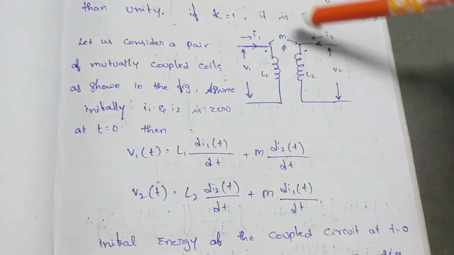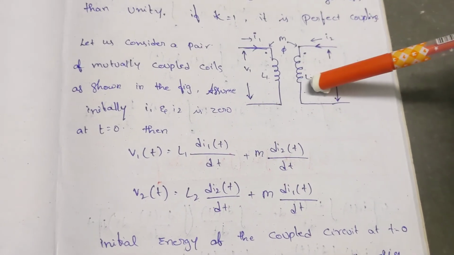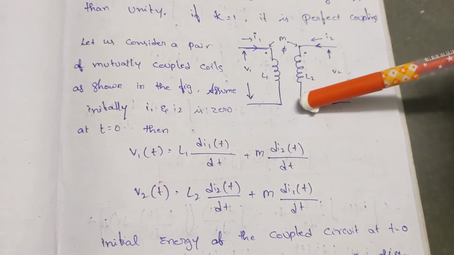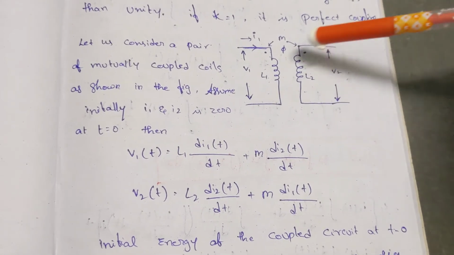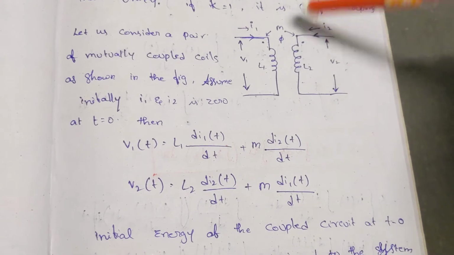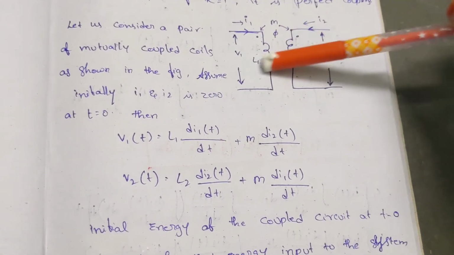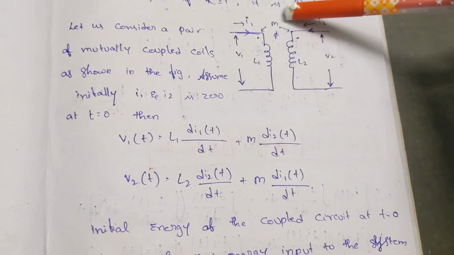Similarly, for the second coil, there is the self inductance of the second coil. But the flux due to the current in the second coil develops and cuts the first coil. Again the mutual inductance comes into the picture.